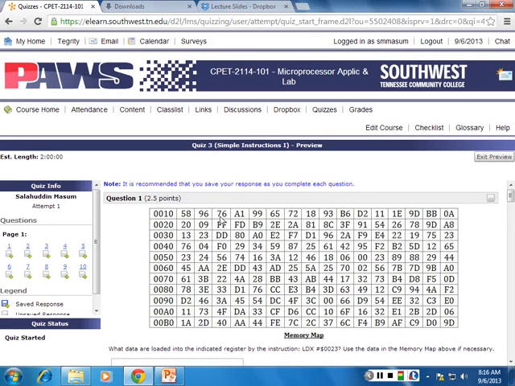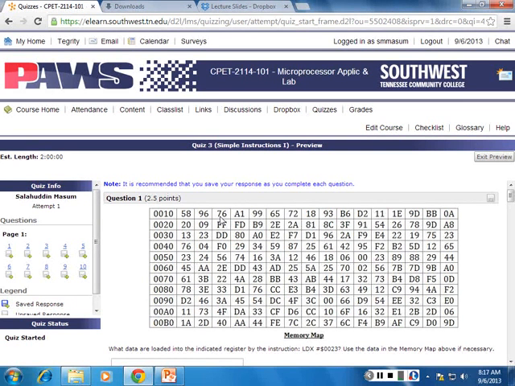In each question you will see something like this, and the question will give you an instruction and tell you what is going to be loaded. Now remember, if that is data, that will be directly loaded. You don't even have to look at the memory map. If that is an address, then you will have to look at the memory map. Since this is like a quiz, with each and every question we gave you the memory map. You may need it, you may not need it based on the instruction.